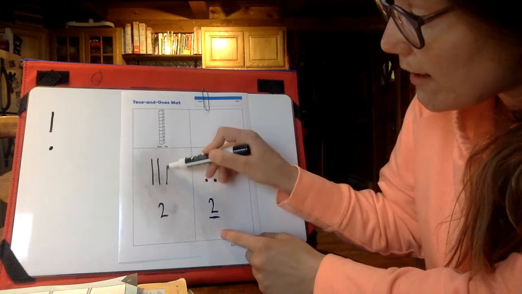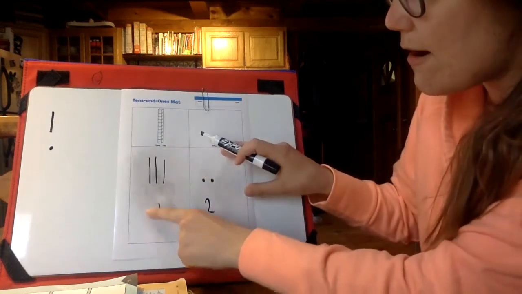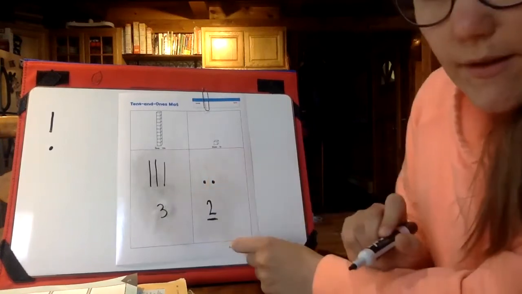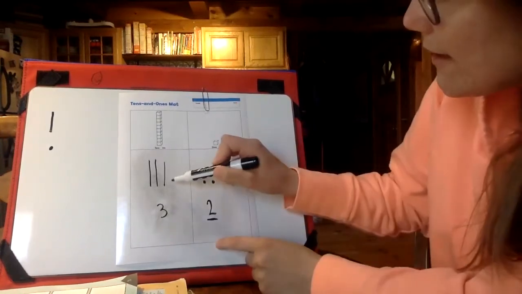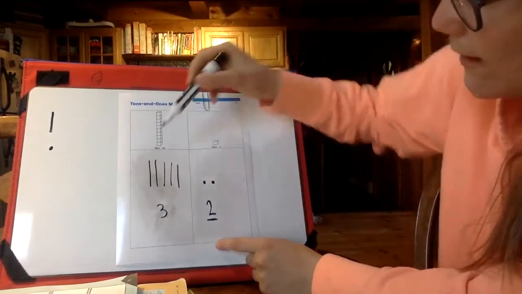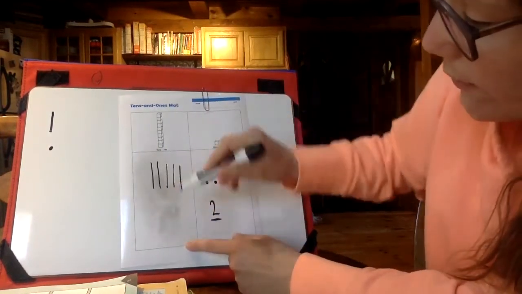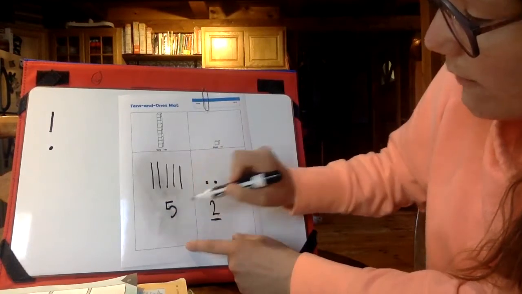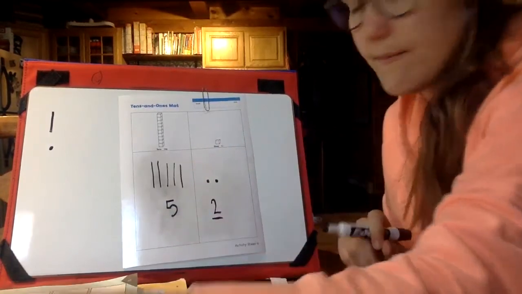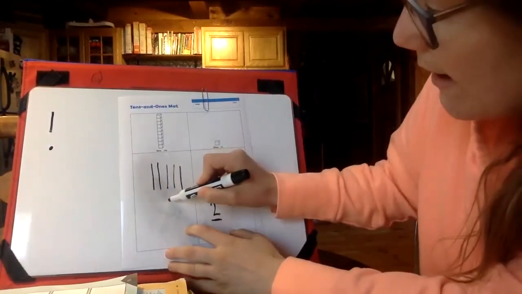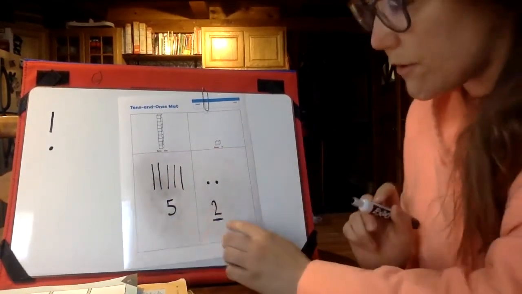So maybe I add 1 ten. And now I don't have 22, I have 32. What if I add 2 more tens? Well, 1, 2, 3, 4, 5. Now I don't have 32, now I have 52.